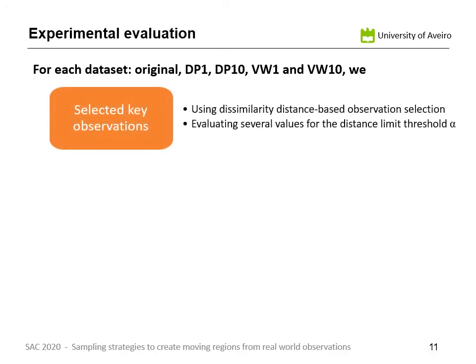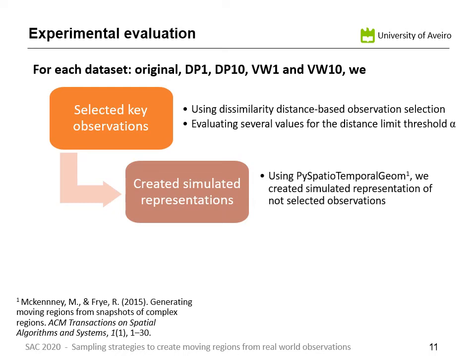So, we use the dissimilarity distance-based approach to select the key observations in the original datasets and in the 4 datasets of simplified geometries. Then, we used an interpolation algorithm from the literature to generate the burnt area representation at time instants corresponding to the observations we didn't select.